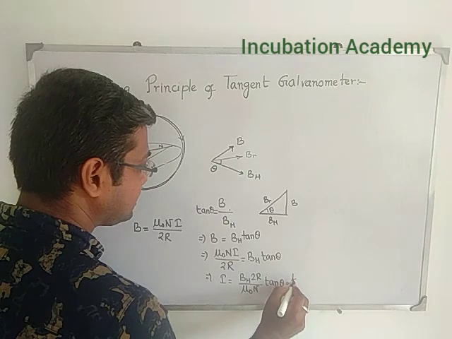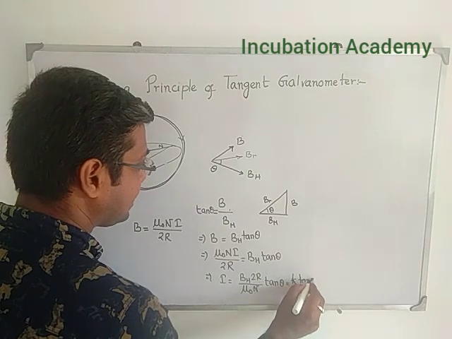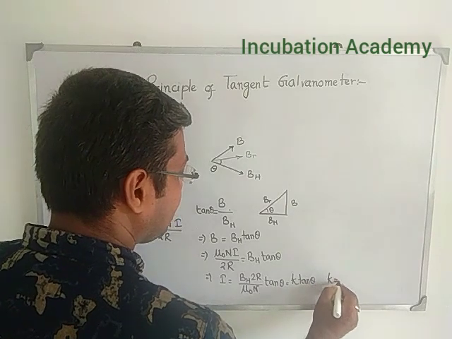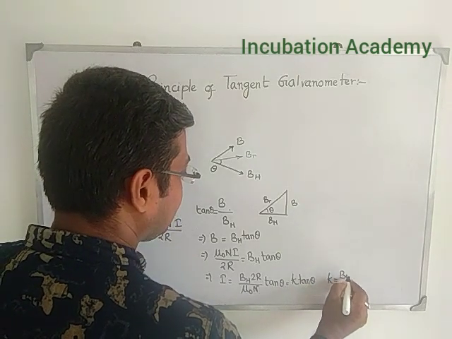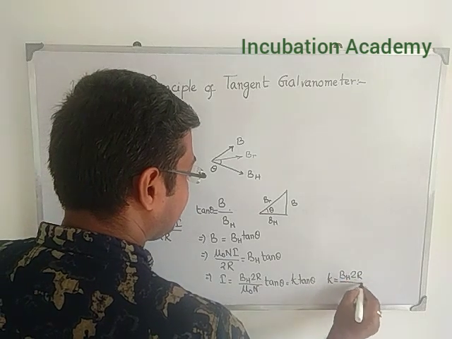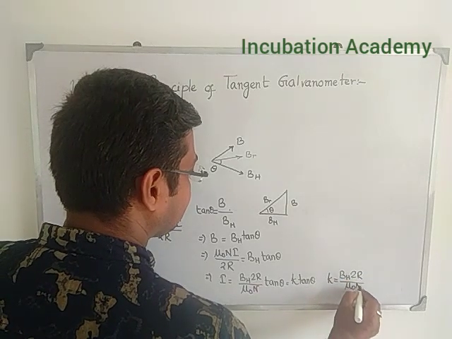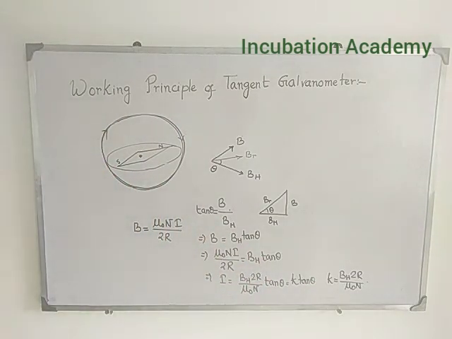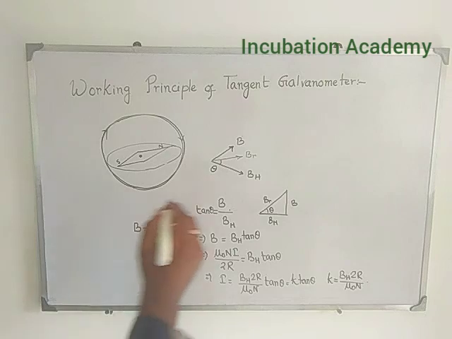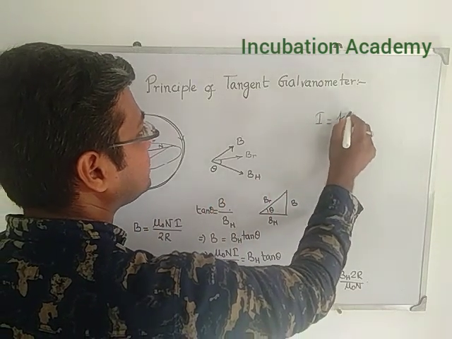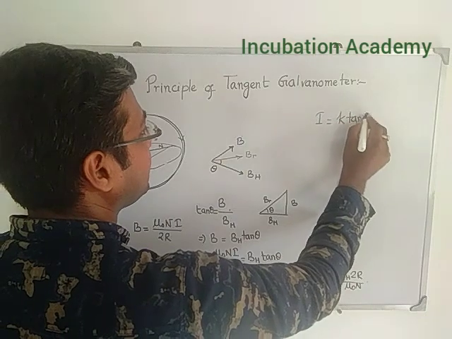So we can say this is small k into tan theta. What is small k? Small k is a constant, that is BH into 2r divided by mu naught into capital N. It is the reduction factor of this tangent galvanometer. So we can simply understand this is the working formula of the tangent galvanometer, I equal to k tan theta.